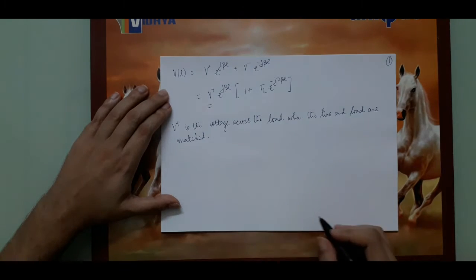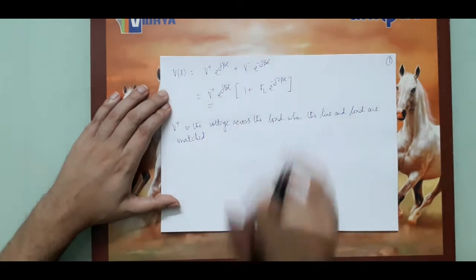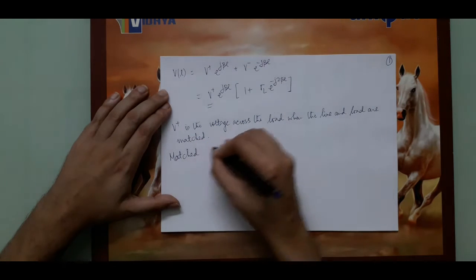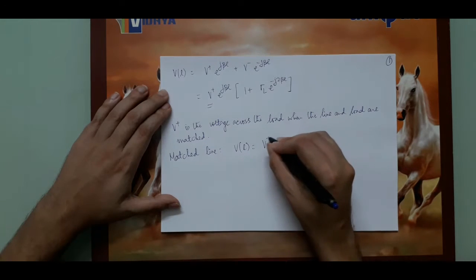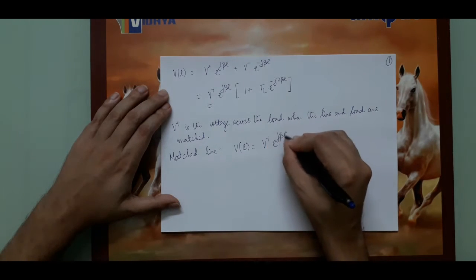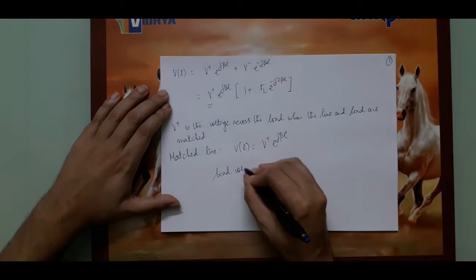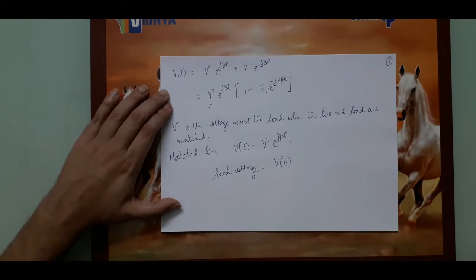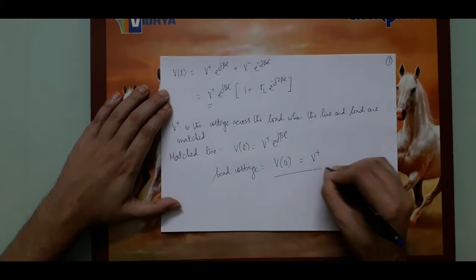So if the line and load are matched, the second term will vanish, and the load voltage is nothing but V of 0, because we have defined that l equal to 0 is the load, which is nothing but V plus.